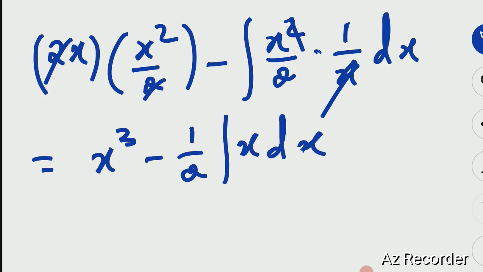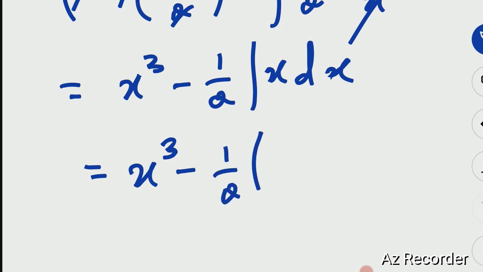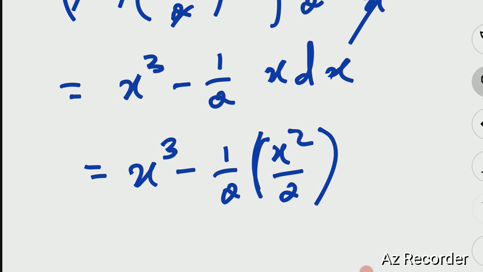So this equals x cubed minus 1 on 2 times the integral of x with respect to x, which is x squared on 2.